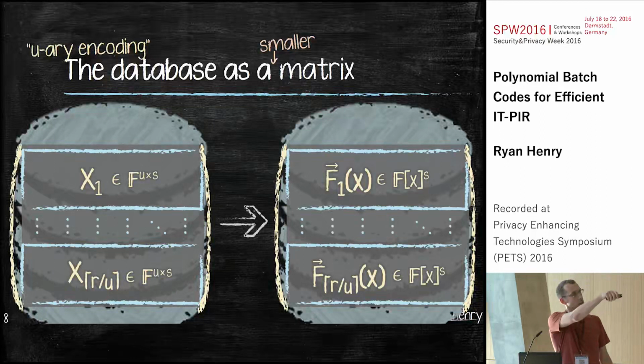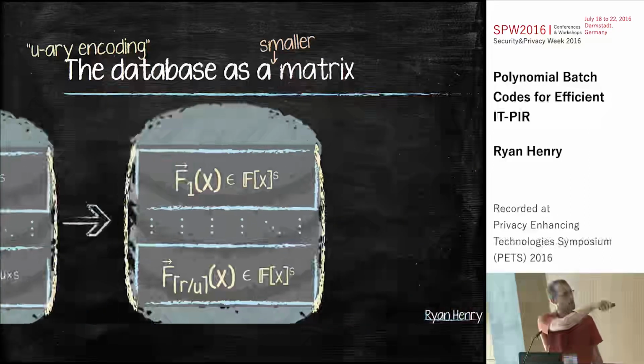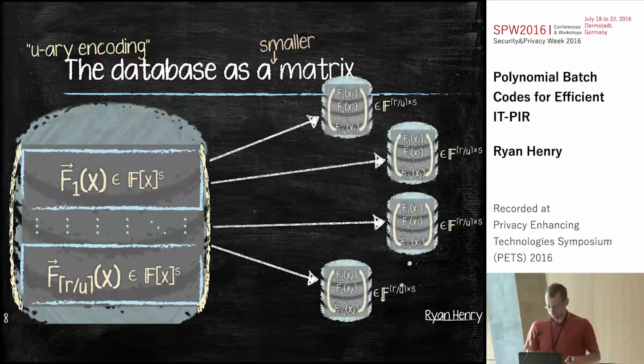And the second column of this becomes the second polynomial here. So again, this matrix is a new representation of this thing, but it's equivalent, right? It's just a different representation. It's very easy to go from here to here, and it's very easy to go from here back to here by just evaluating these polynomials and putting the results in the right places.